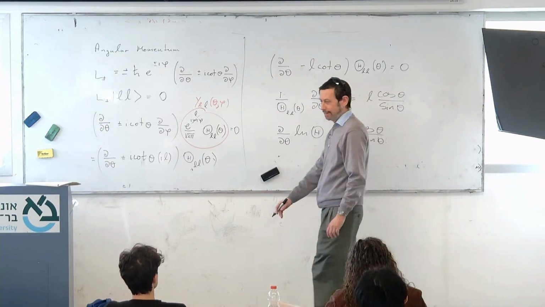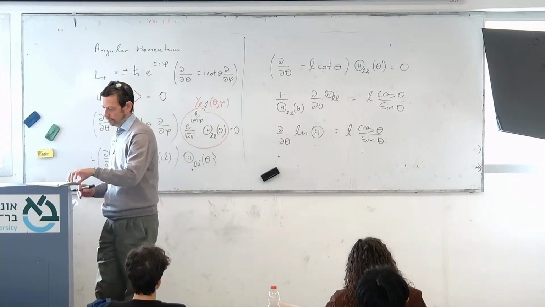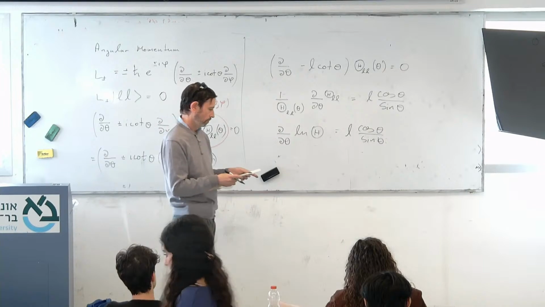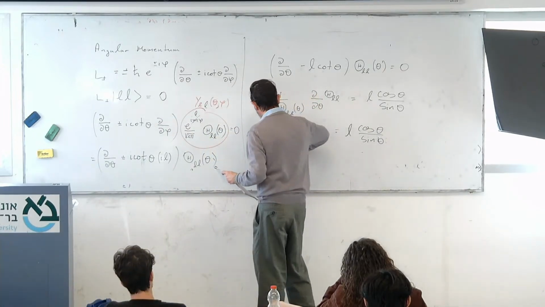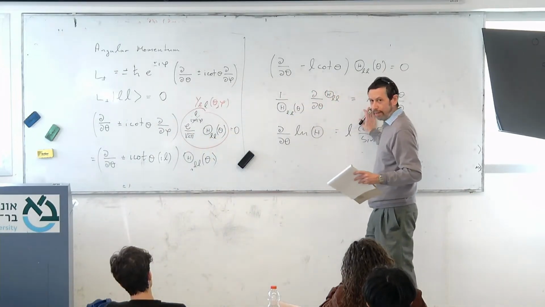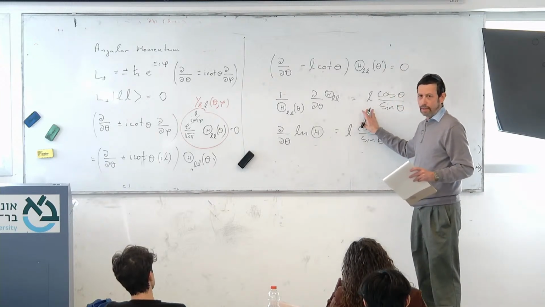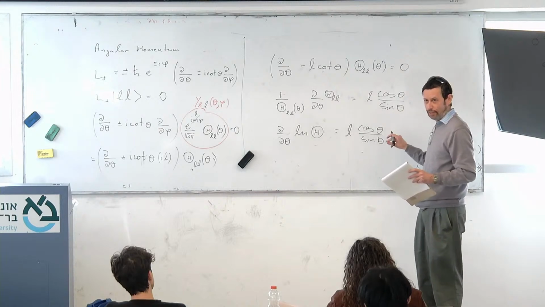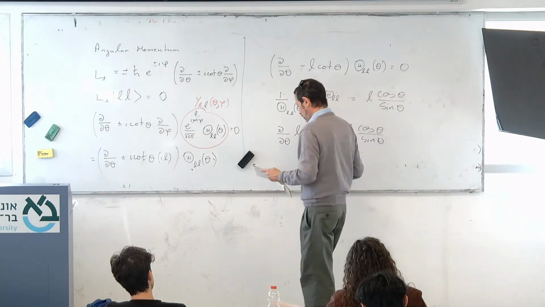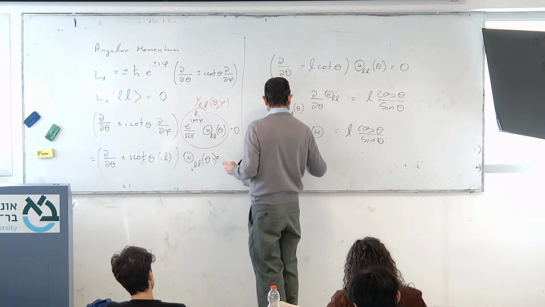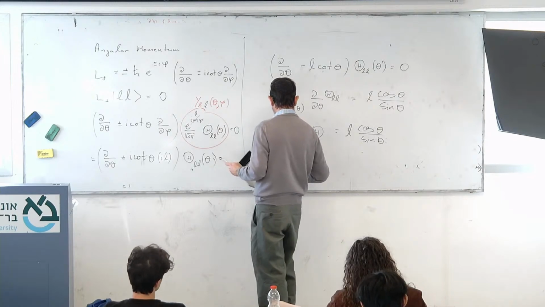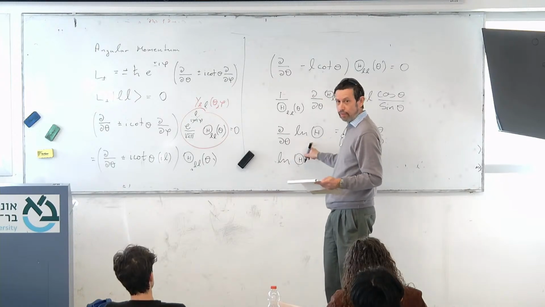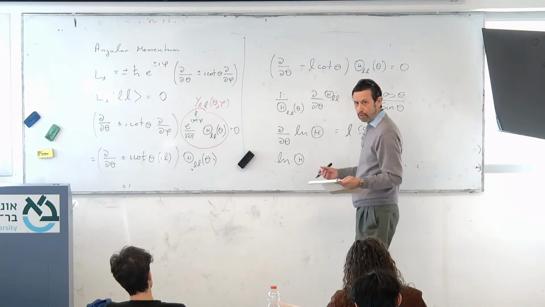Now life is a bit more complicated than for the harmonic oscillator because we have here this function. So let's write it down. If I perform integration on both parts, the integration of a derivative of ln theta is ln theta up to a constant.